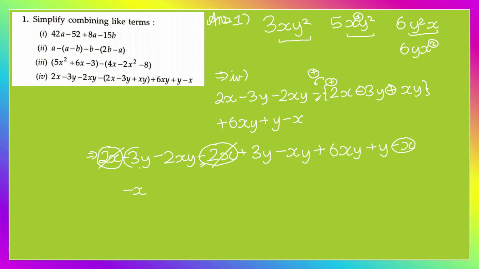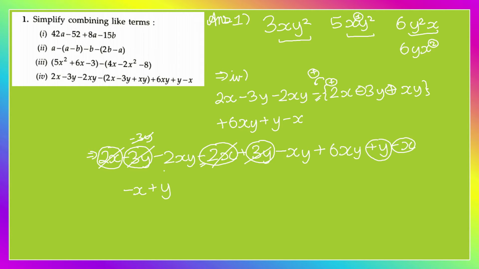Now we have minus 3y, don't forget the minus sign. Okay my friends, so don't forget the minus sign. We have minus 3y plus 3y, so they both get cancelled out, and then we have plus y also at the end, so we have plus y.